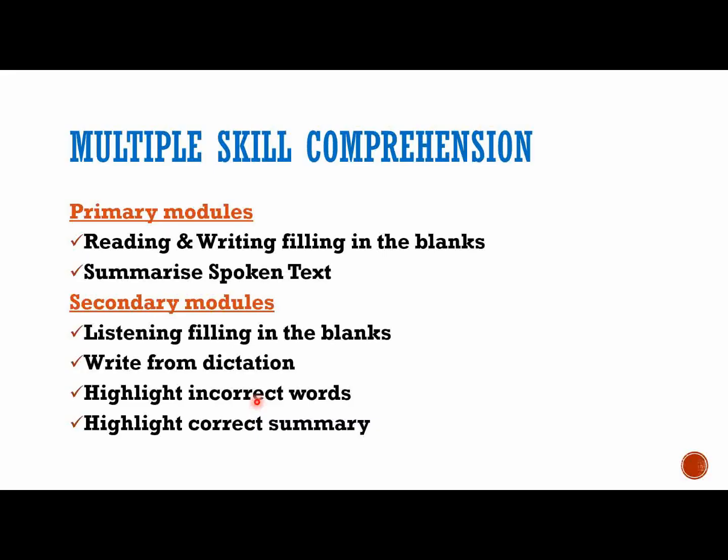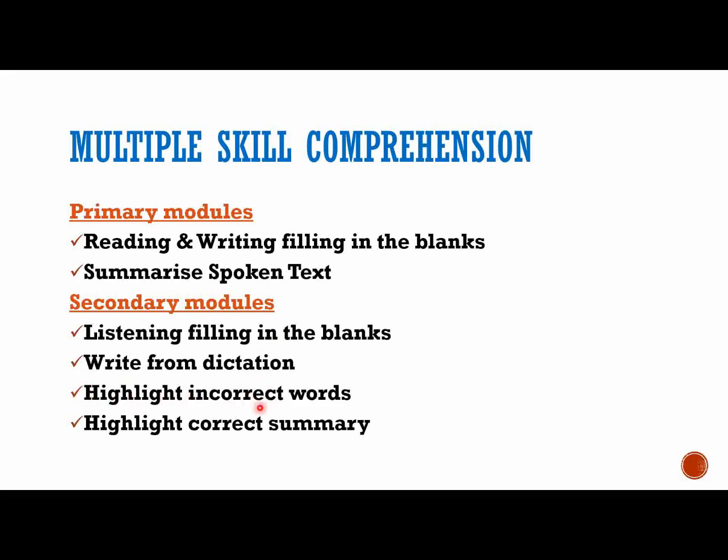So the most contributing module is highlight incorrect words. So do highlight incorrect words carefully. If you are not sure about any particular option, then don't click on that option. Do it carefully, because in highlight incorrect words most of the students get confused, they fumble. So just keep your eyes on the screen and your cursor in between the lines.